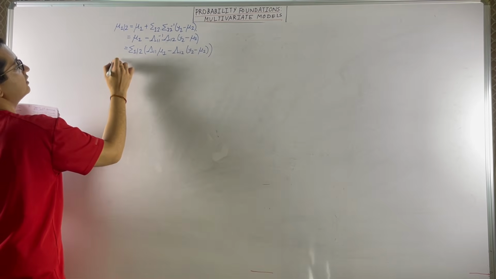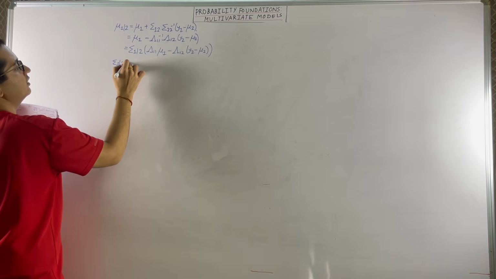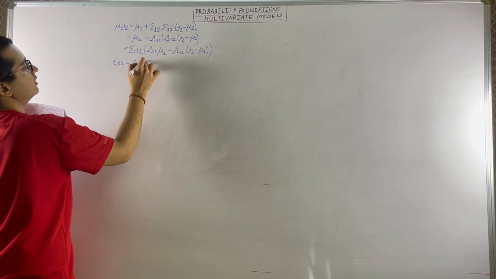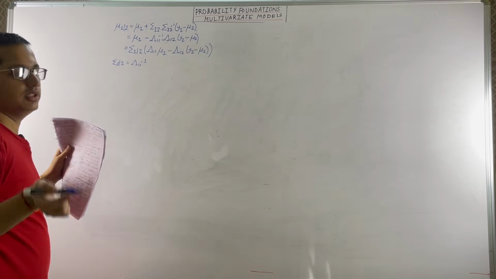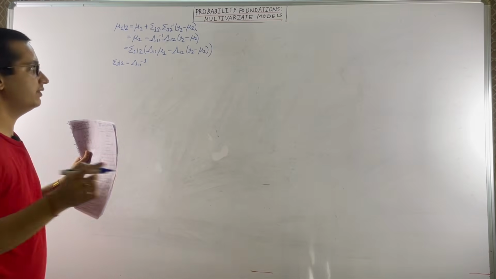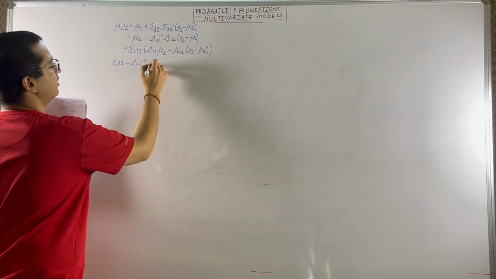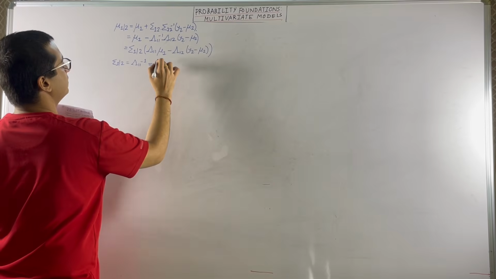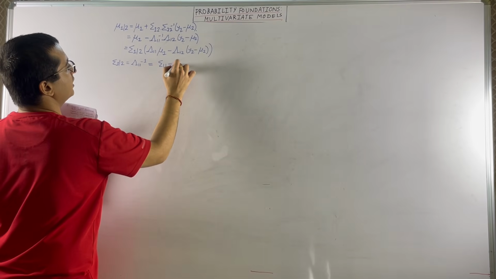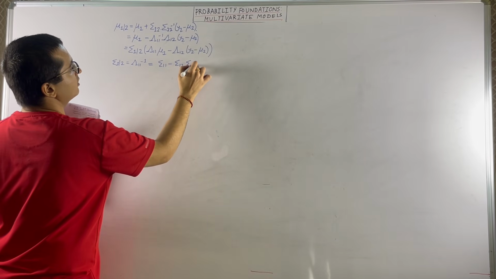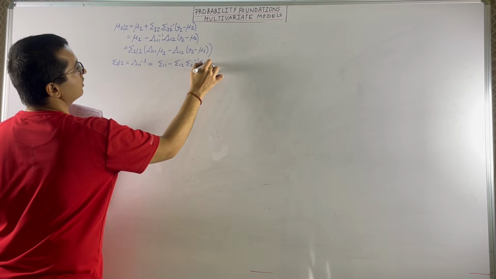The third equation is writable because sigma 1 2 is equal to lambda 1 1 inverse, all right? If you just do the sigma equal to lambda inverse and what we have done, you will get this result, okay? So this is trivial. Sigma 1 1 minus sigma 1 2 sigma 2 2 inverse sigma 2 1, all right?